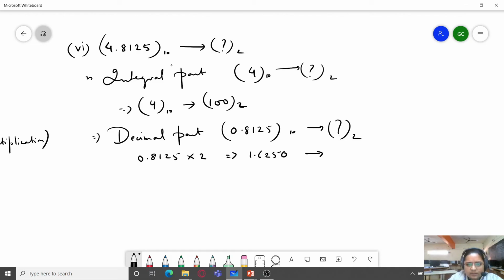We get the digit 1 here. We again get the digit 1.